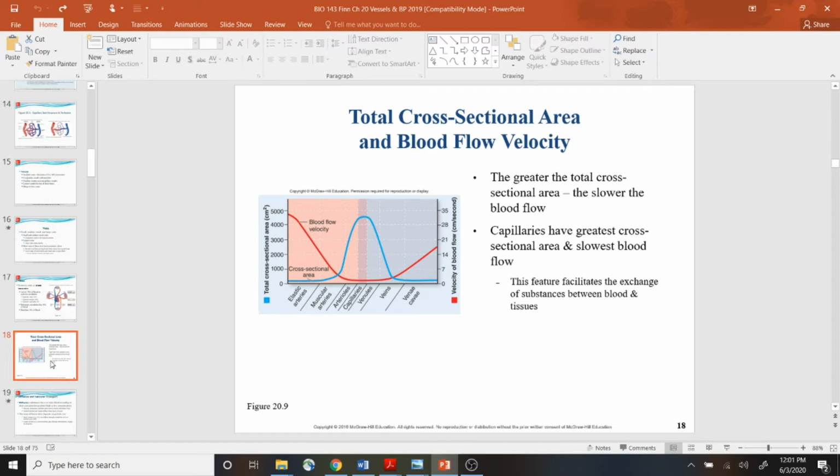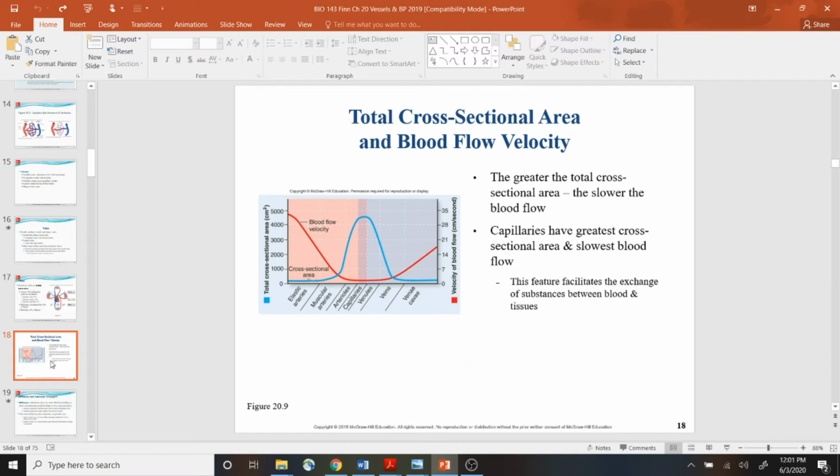Remember I said that we have over 60,000 miles of capillary beds. And what's pretty cool about capillaries and blood flow is, when you think about it, the greater the total cross-sectional area, the slower the blood flow. And capillaries have the greatest cross-sectional area.